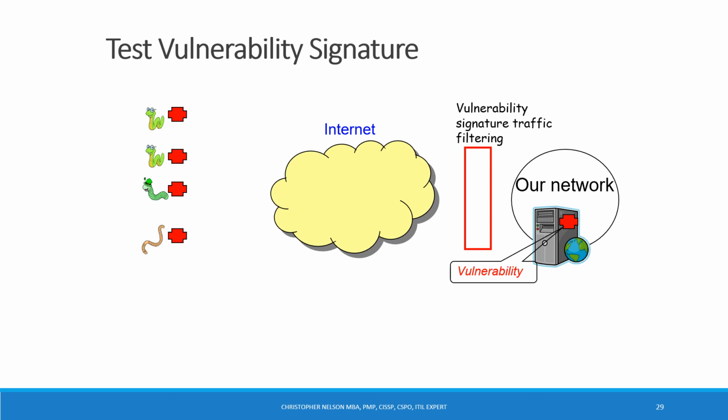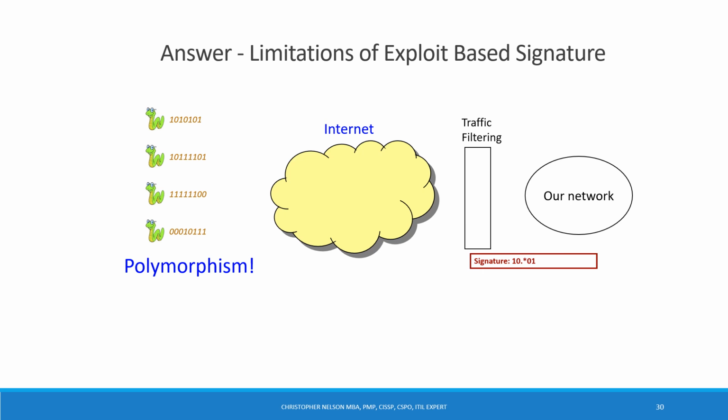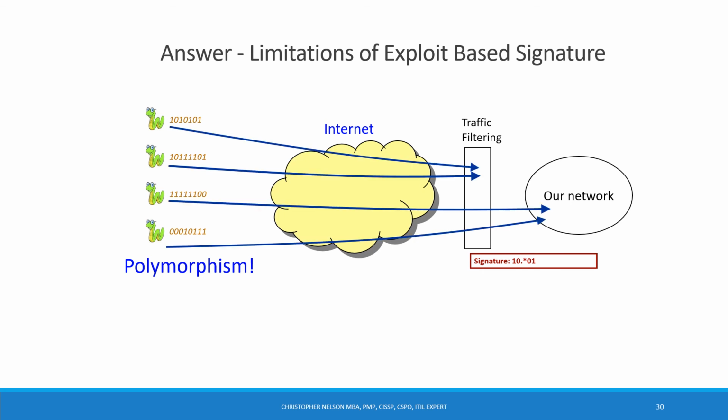The vulnerability signature is identified through traffic filtering. Signature 10.01. Polymorphism through the internet, through traffic filtering, gets through to our network.